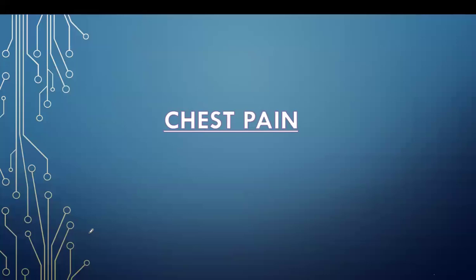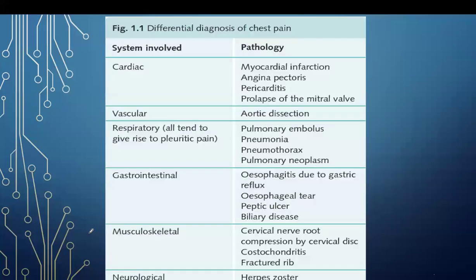All right, so moving on to chest pain. What we normally would like you to know is that it's not only cardiac causes that bring a patient with chest pain. Patients with vascular problems, respiratory problems, GIT problems can also present with chest pain.